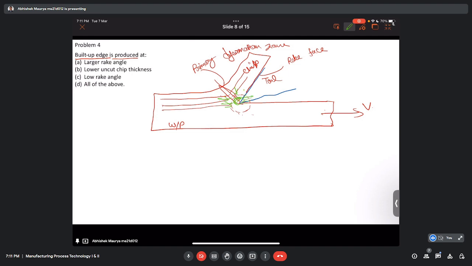So the material near the tool tip faces compression from almost all sides. If the material is ductile, continuous chip formation will keep taking place. If continuous chip formation is taking place, what happens to the temperature near the tool tip? Definitely it will increase too much.